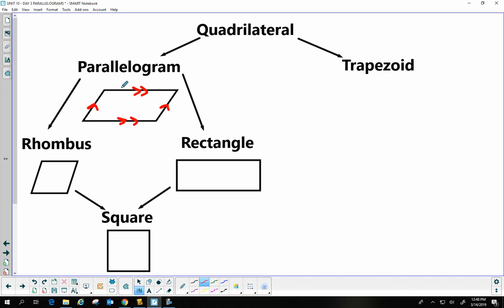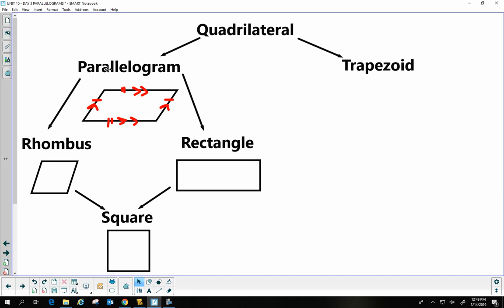And also the opposite sides are congruent to each other, so those two sides and those two sides. So this is what makes a quadrilateral a parallelogram. And then parallelograms can take different forms based on special characteristics, which we'll get into in a minute.